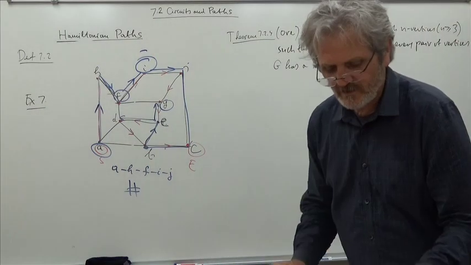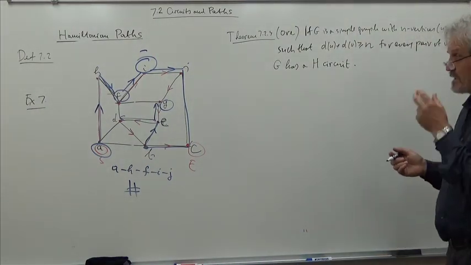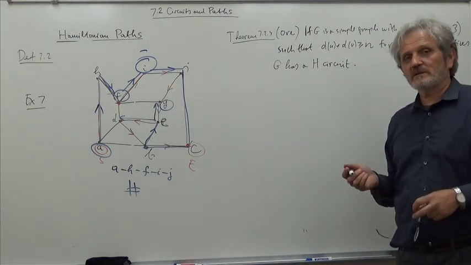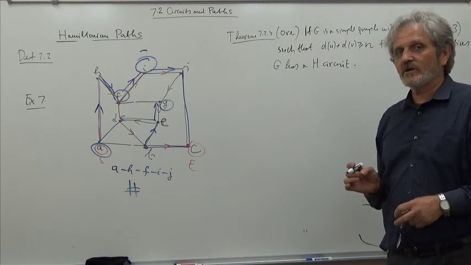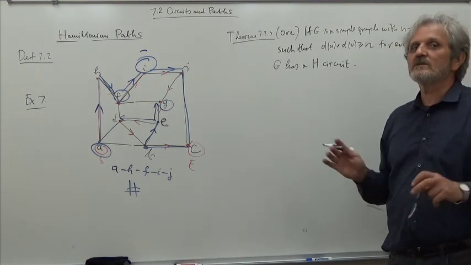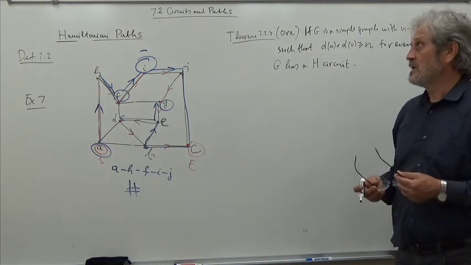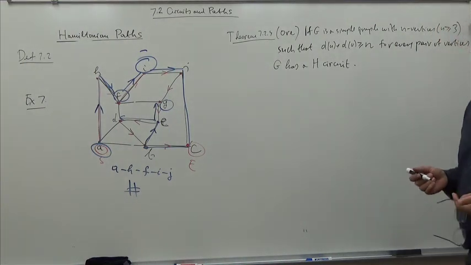I'm not going to ask you that on the quiz or on the exam. In contrast to Euler circuits and paths, where we had a very clear criterion to see if they exist or not, for Hamiltonian paths and circuits there is no general criterion that would tell you that. So this is just a special case, a sufficient condition.